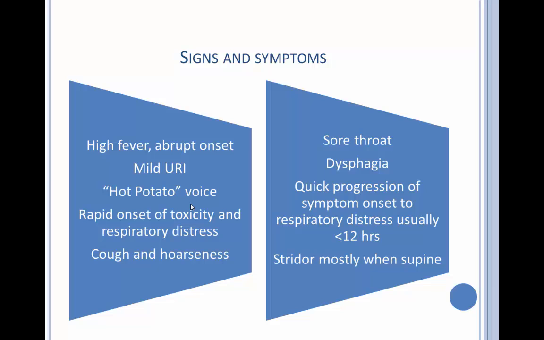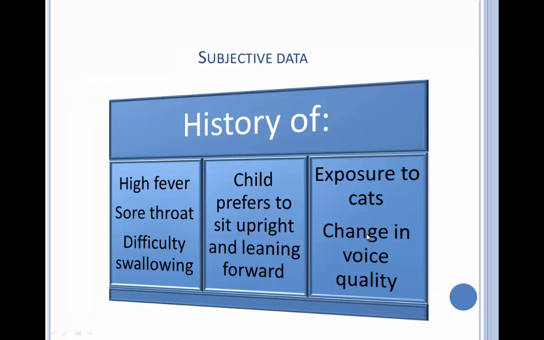Signs of toxicity could include poor or absent eye contact of the child, failure to recognize parents, cyanosis, irritability, inability to be consoled or distracted, dyspnea, tachypnea, stridor, patient is in tripod position. They could have also retractions, it quickly progresses.